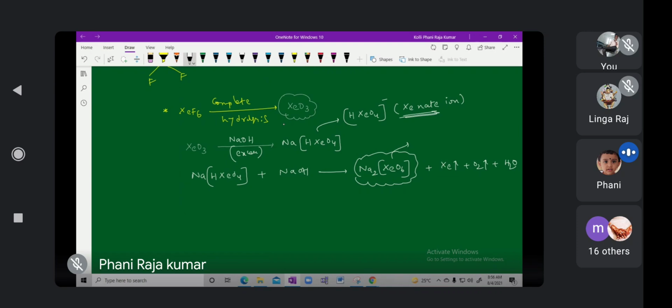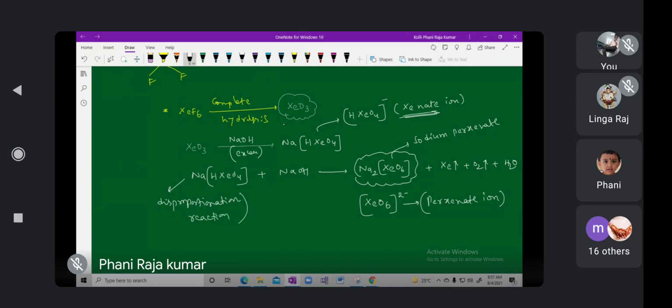This is called sodium perxenate. XeO6 4 minus ion is called perxenate ion. This reaction is a disproportionation reaction.